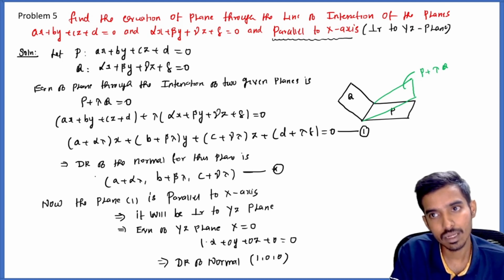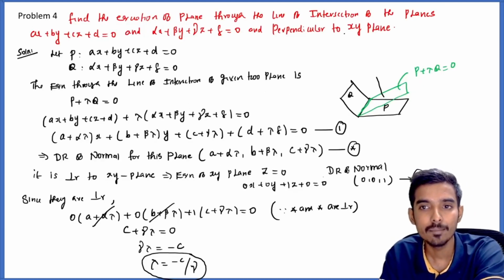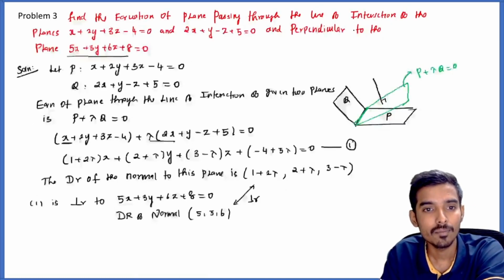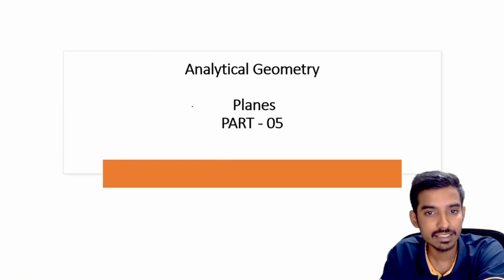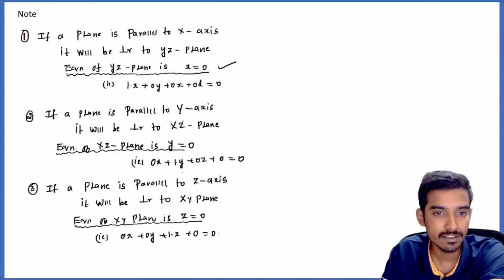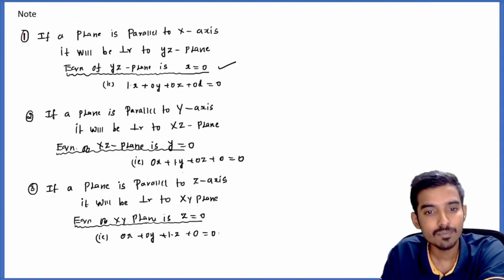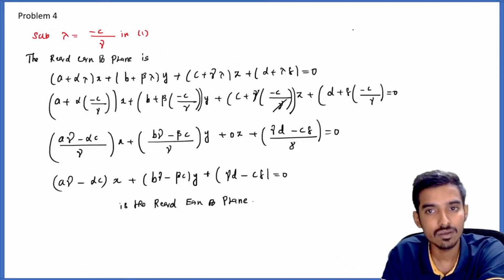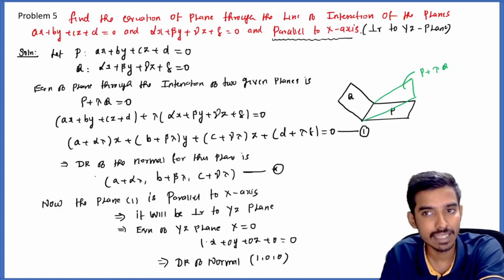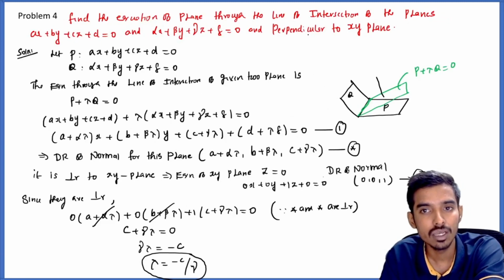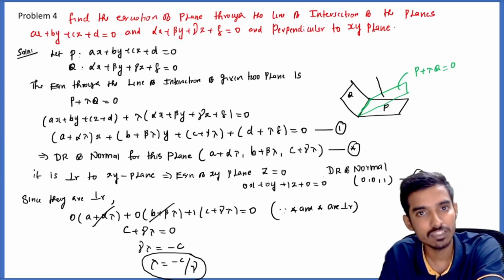That's it, right? In the previous problem, they have given perpendicular to the xy plane. Perpendicular to the xy plane is the same as parallel to the z-axis, just as parallel to the x-axis means perpendicular to the yz plane. Both are the same, right? Don't get confused. Here they have said perpendicular to the xy plane.